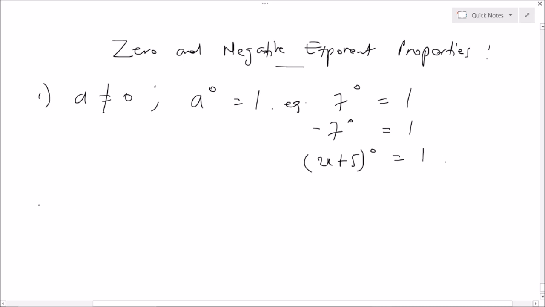And the second one, that is the negative exponent property, states that a raised to power minus n will give us 1 over a raised to power n. For example, 2 raised to power minus 3 will give us 1 over 2 raised to power 3.